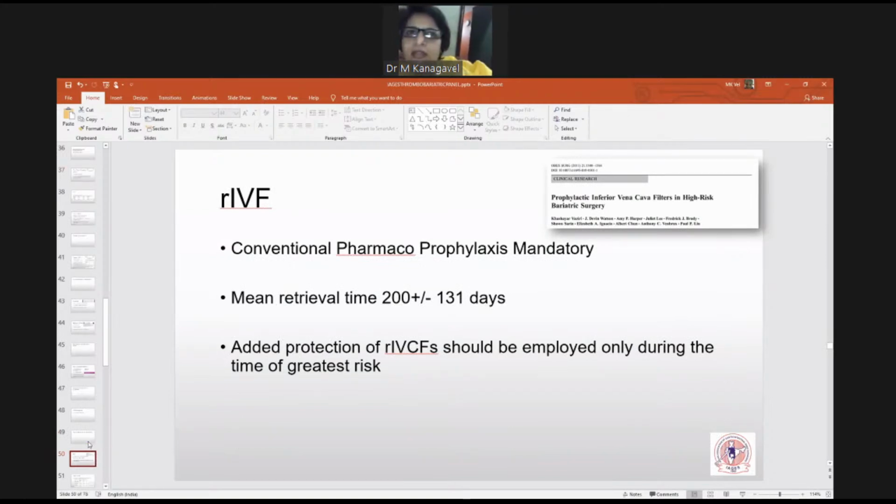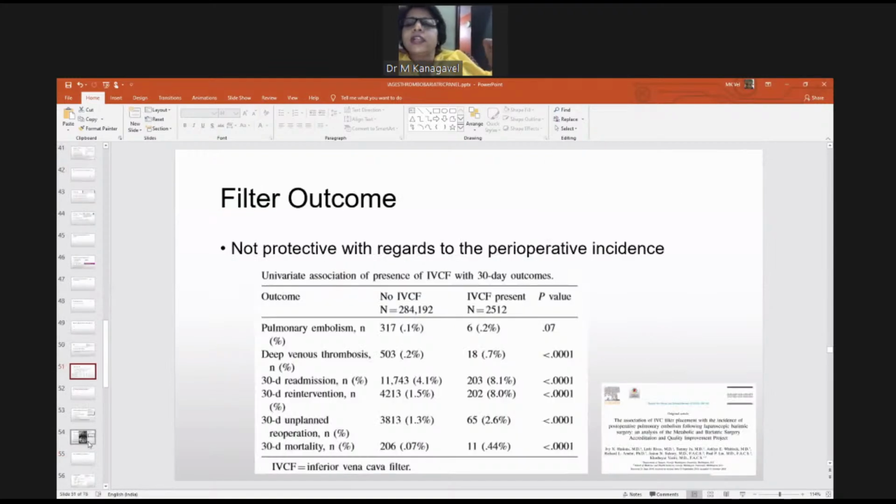IVC filter, yes, it is indicated, no doubt about it. But the safety and the efficacy of IVC filters has not yet been proved. Number one. Number two, IVC filters should be put in as prophylaxis for prevention of PE in patients who have a strong history of DVT and a history of PE already in the past.